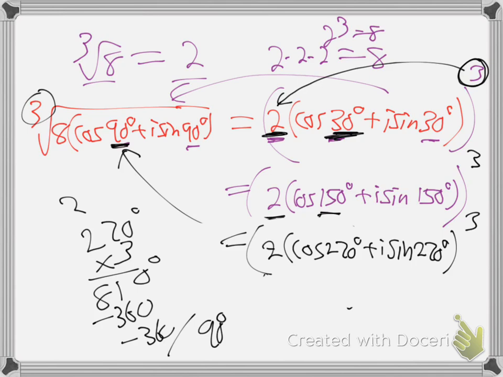Then backwards, when I root something, I root the number and what? Divide the angle, don't I? By 3. Are you tracking with me? See how that's the reverse? Roots are the opposite of powers, right? So powers power the number in the front, multiply the angle. Roots root the number in the front, divide the angle. 90 over 3 is 30. But that's not the only answer. There's other answers which you find with the K thing.